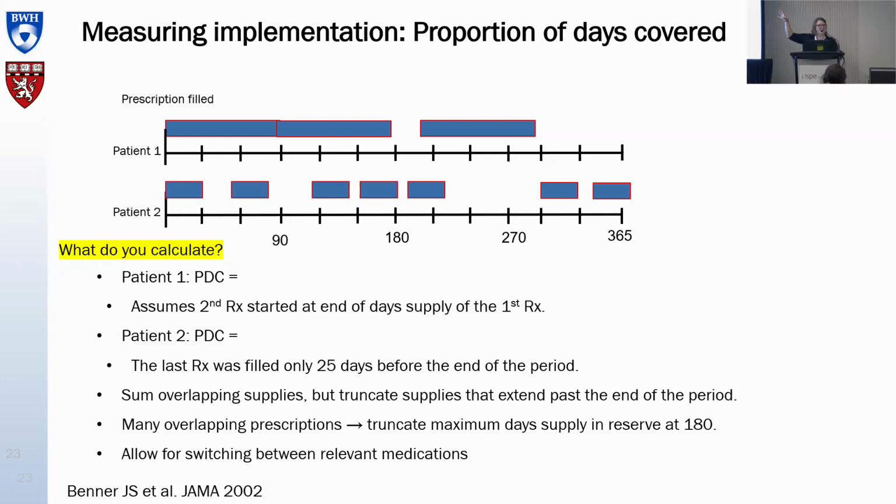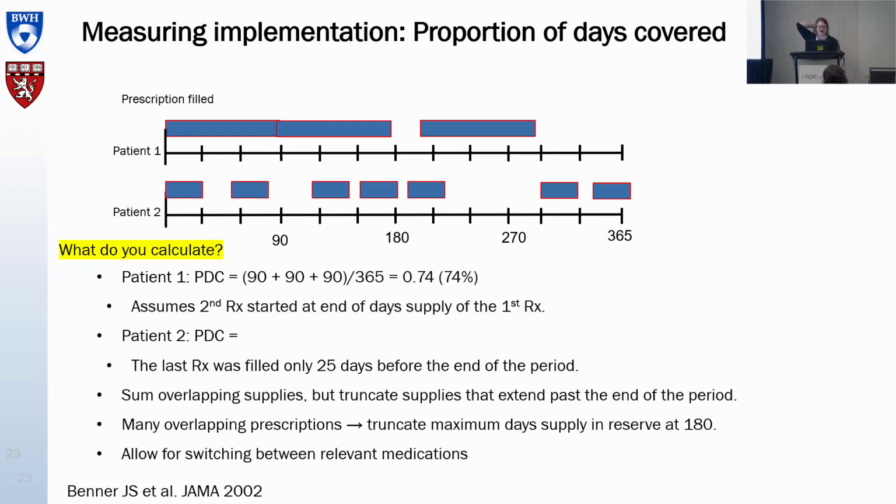So that would be 90, 90, 90 divided by 365. That's really what the proportion of days covered is for this patient. So their proportion of days covered is 74%, or 0.74. We'll come back to what that means. Is that good or bad?